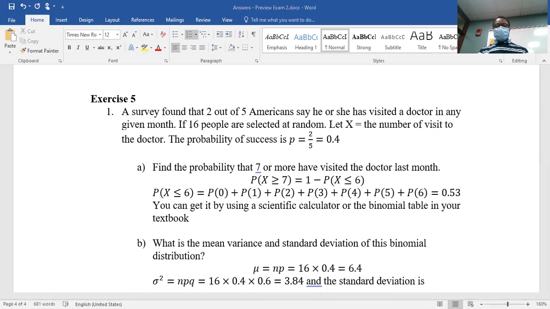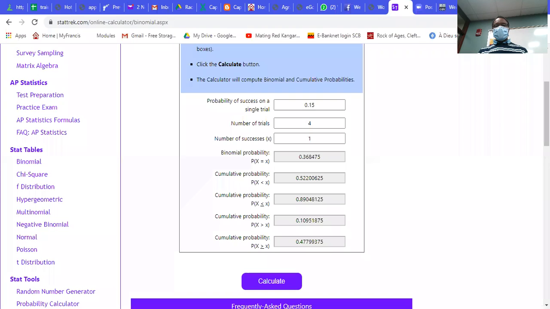Let's look at our calculator. So the probability of success is 0.4. The number of trials, 16. You can see it again here. 16 people are selected at random.